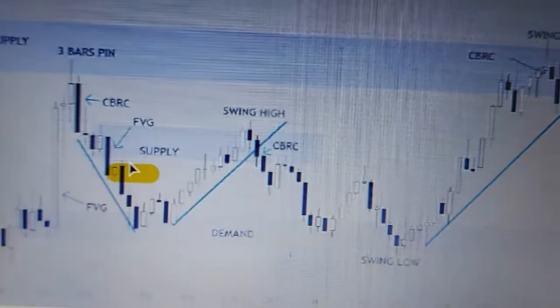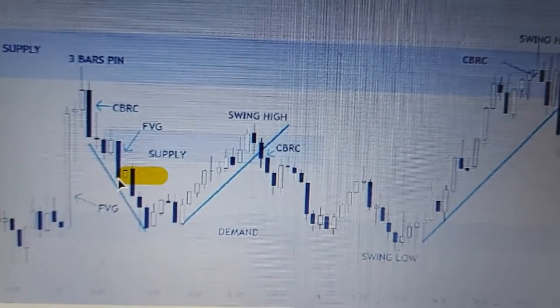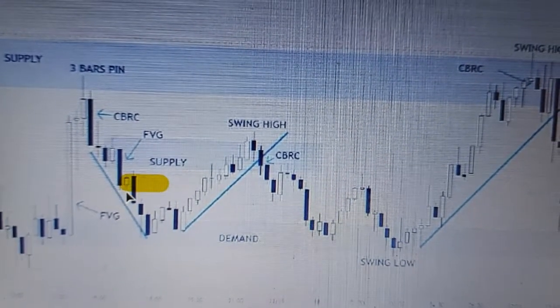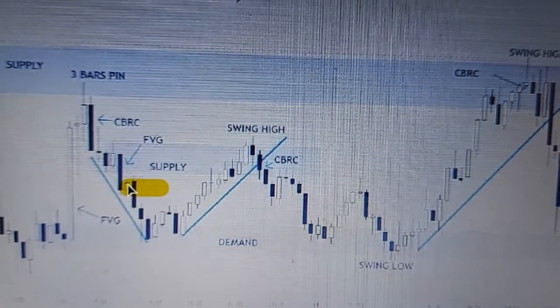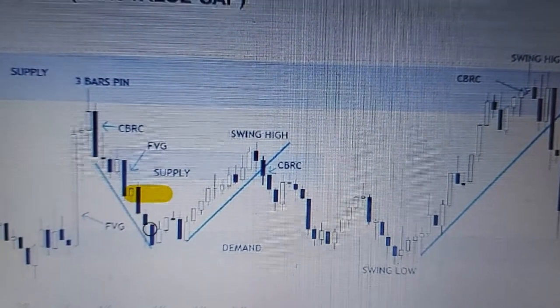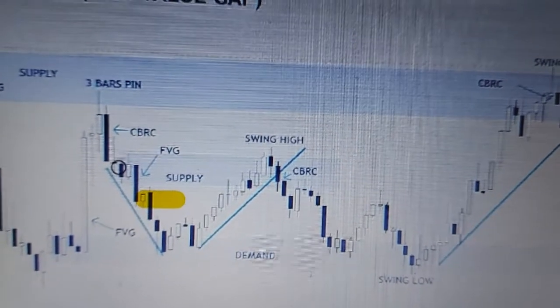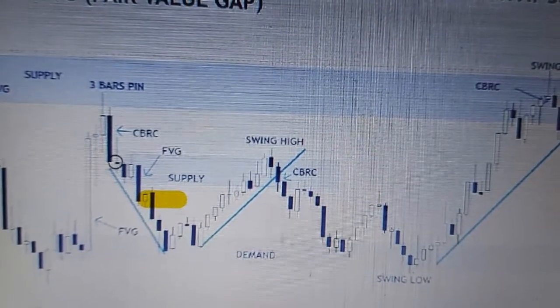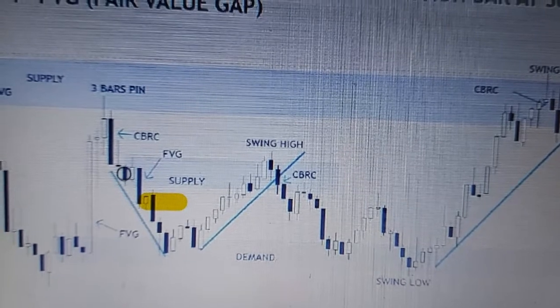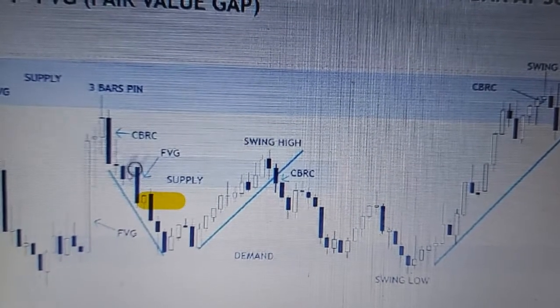There are two things. One, the price just came down here and then made a move to the upside and then moved down, so the price didn't really stay there. But here, the price moved down, made a move to the upside and then moved down.